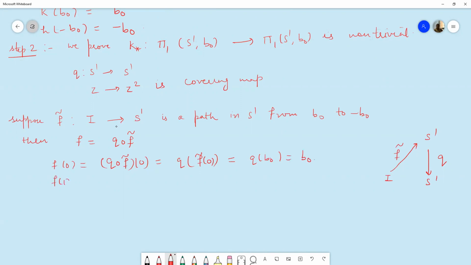Similarly, F1 will be Q of F curl at 1, and F curl at 1 is minus B naught, and Q of minus B naught is also B naught. So we can see here that if we take Q circle F curl, then that will be a loop. Its starting and ending points are the same. This is a loop at point B naught, which is basically the composition Q circle F curl.